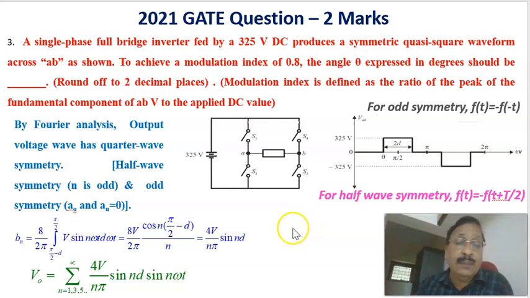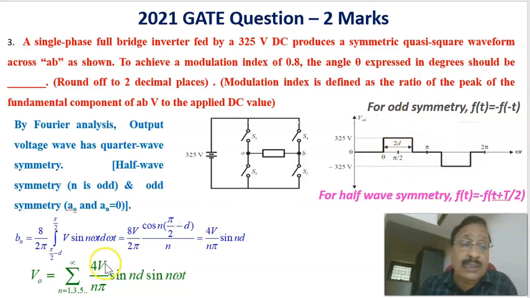Therefore, we have to derive the equation for Bn, which for this waveform is 8 by 2 pi times the integral, where this point is pi by 2 minus d, and this is pi by 2 plus d, and 2d is the width.